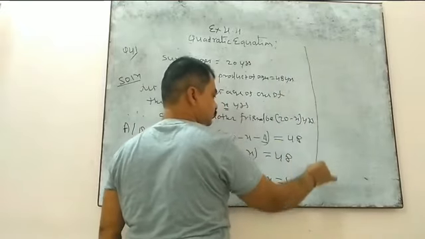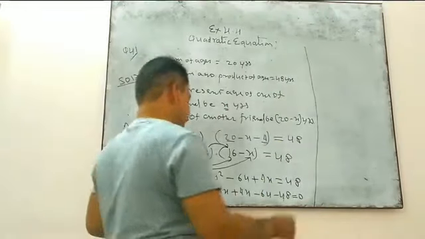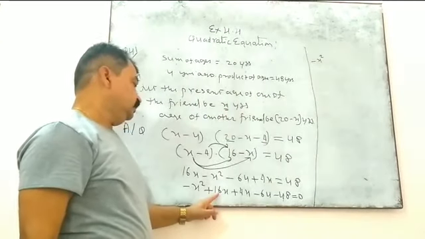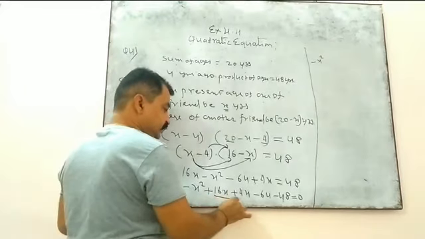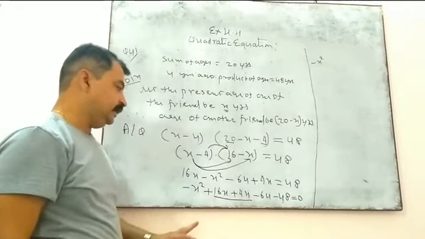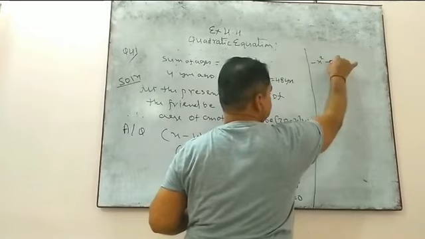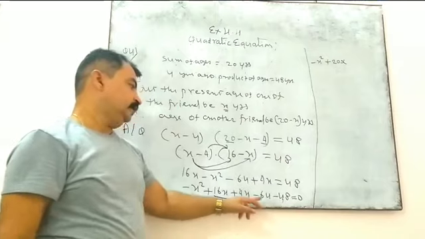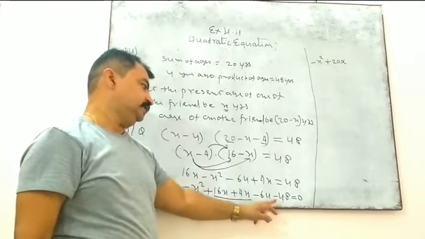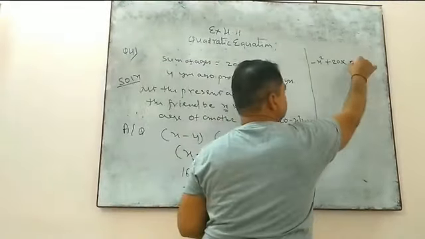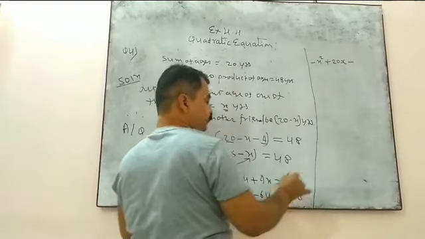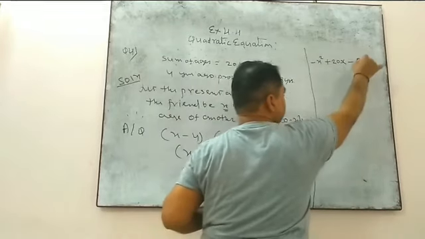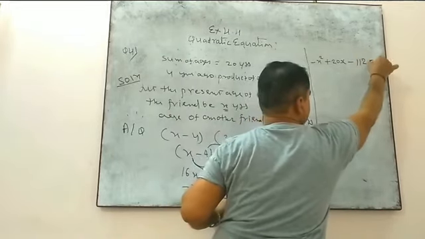Right? Now see the next part. Minus x square, I'll write minus x square. See the like terms, 16x and 4x are like terms, so we can add them. So what do we get? 16 and 4, we get 20x, clear? And minus 64 and minus 48, similar signs, you will add them. So you will get 112.